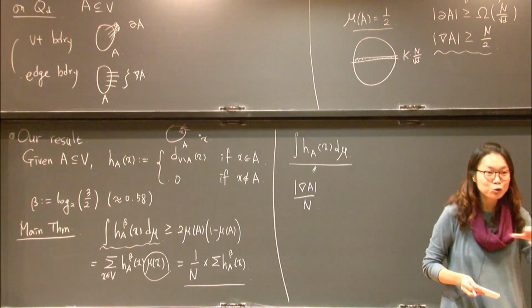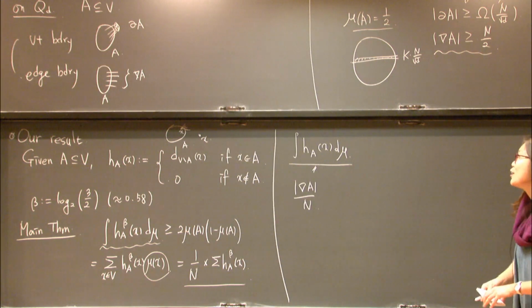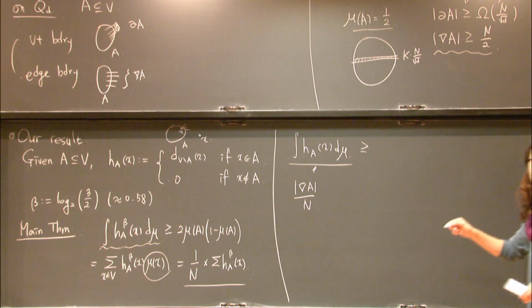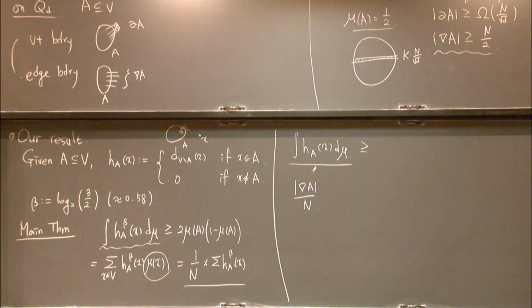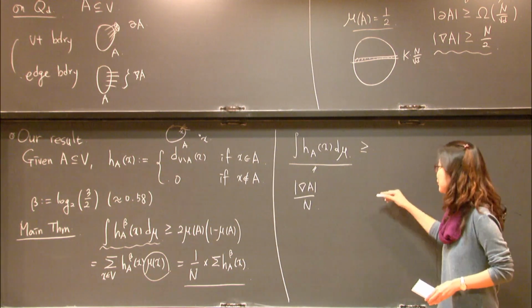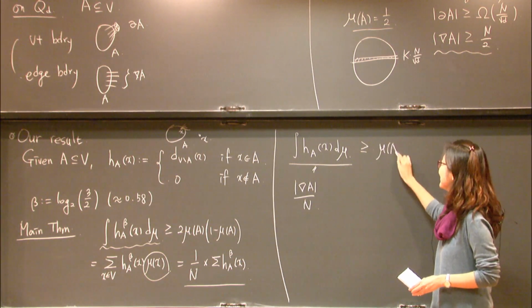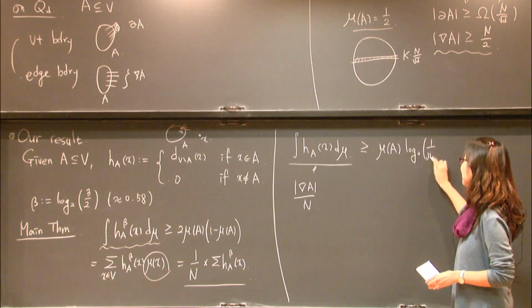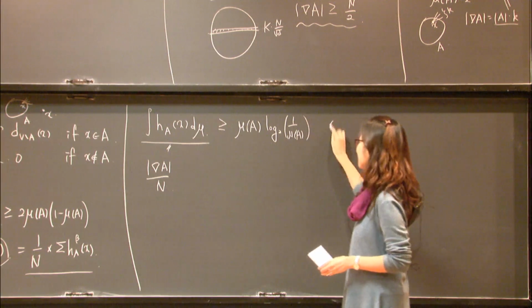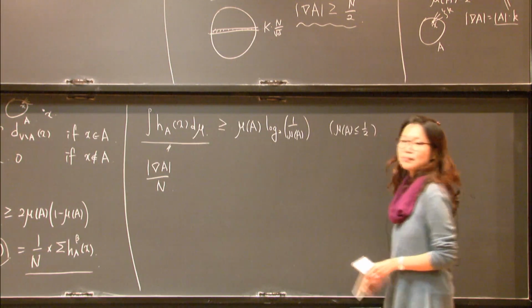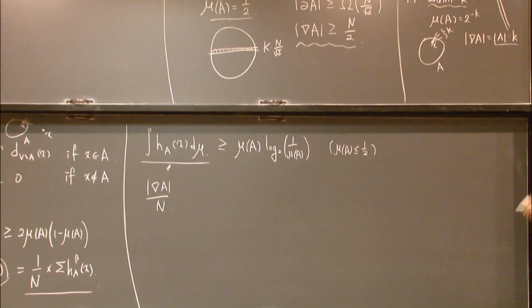So this is just the usual edge boundary. And we know that this has a tight lower bound, which is stated over there. Using this notation, we can write the lower bound as mu of A times log base 2 of 1 over mu of A. Of course, this is for mu of A at most a half. And if mu is bigger than a half, it's just symmetric.